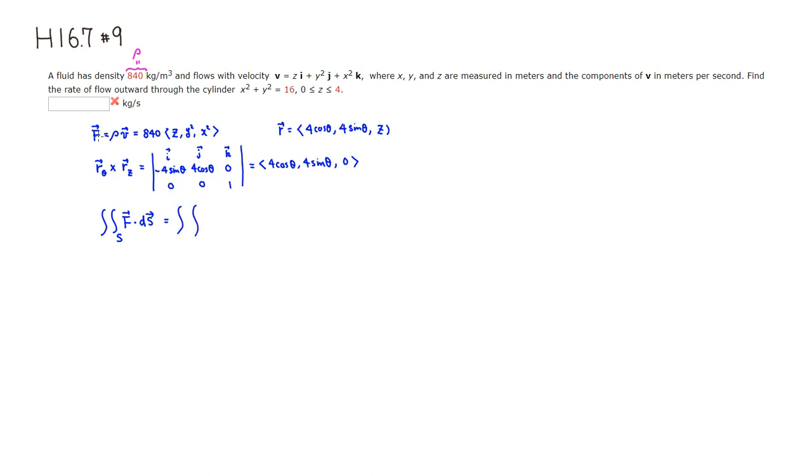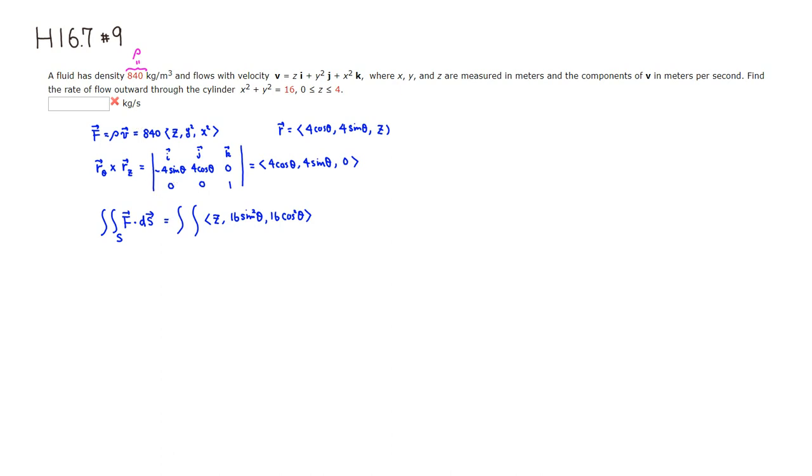F is this, but in this parameterization, z is z. y squared would be 4 sine theta squared, so it's going to be 16 sine squared of theta. And x squared is going to be 16 cosine squared of theta. And then we have this rho, which is 840.